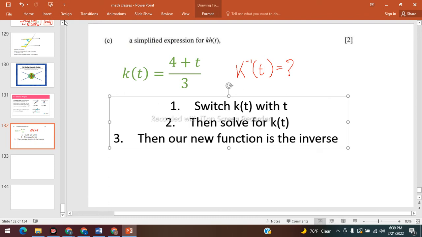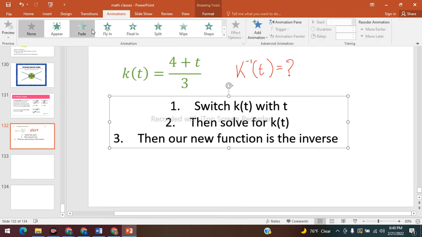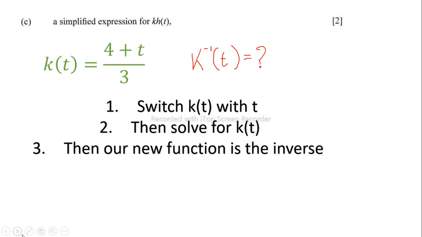Okay, so let's do this. Remember what we said was our first step. Our first step was to what? Switch K of T with T. Good. So here we have K of T, but we said we're going to switch it with T. So instead of writing K of T, we're going to write T. Very good.